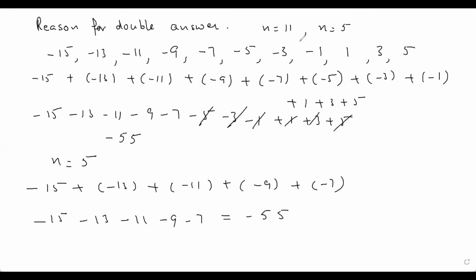If n is 11, then some terms will be cancelled, because there are some positive terms and some negative terms. You are left with minus 15, minus 13, minus 11, minus 9, and minus 7, and their sum is minus 55. If n is 5, then when you add these terms, they are again minus 15, minus 13, minus 11, minus 9, and minus 7, and their sum is minus 55.